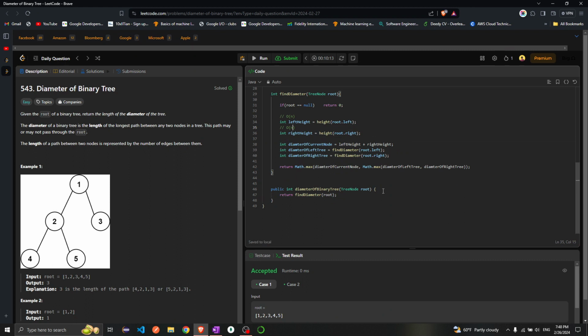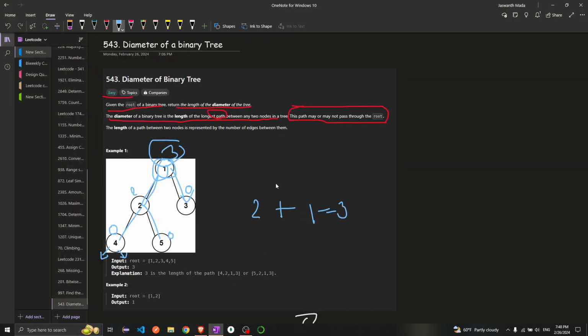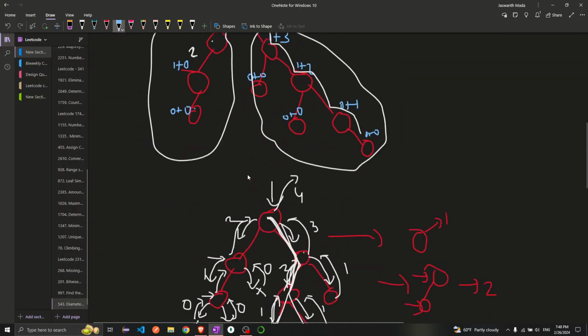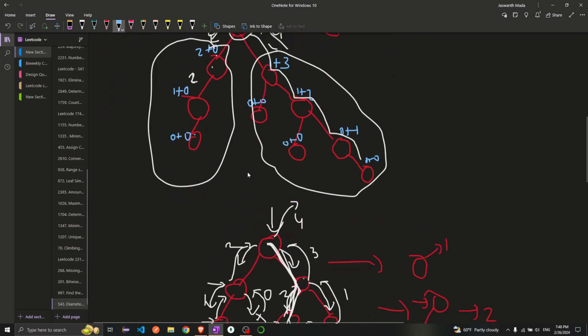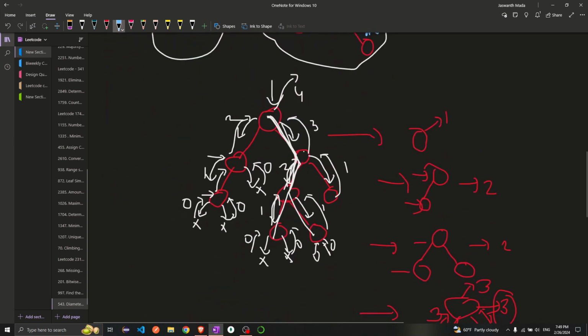So for every node, I'm going to the left and finding the height of the entire tree, and going to the right and finding the height of the entire tree. So it's basically order of n square, right? We can optimize this solution by using a trick. I'll explain that right now.